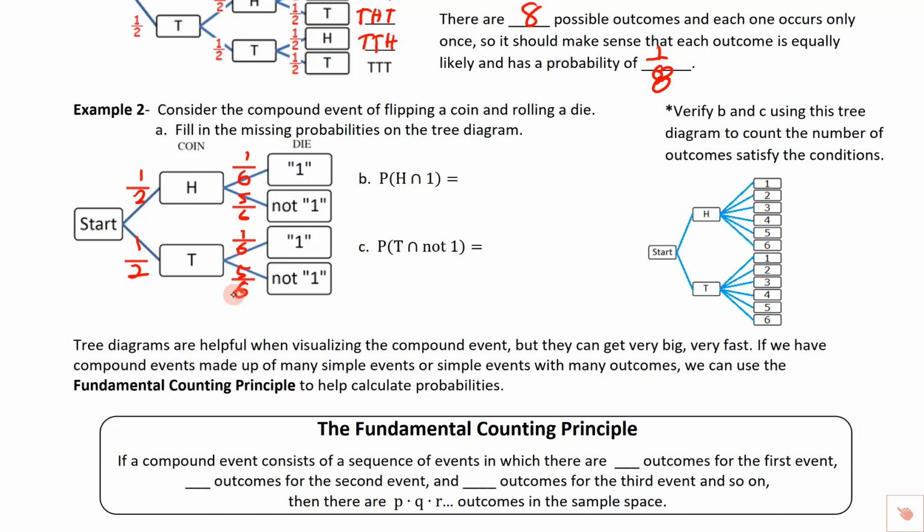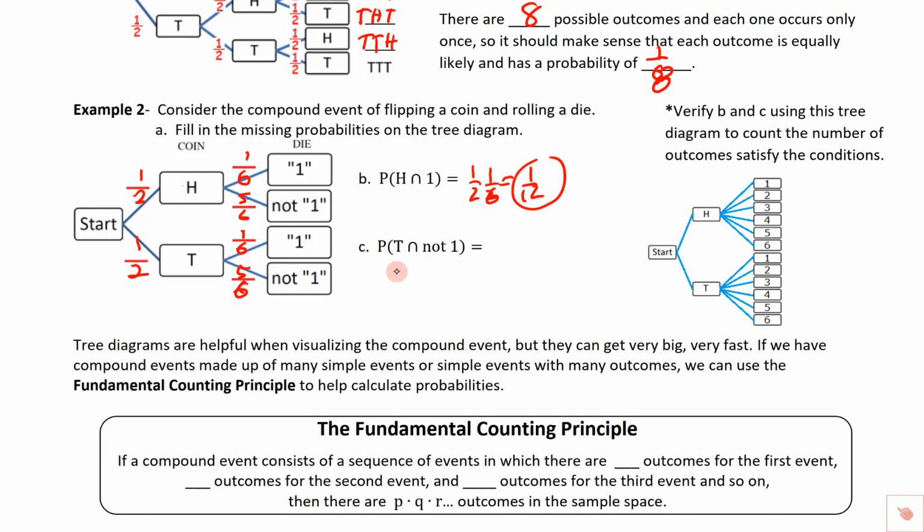So probability that you get a head, intersect with a 1. Sorry, I think I said that wrong. Probability of a head is 1/2, times 1/6. So that would be 1/12.